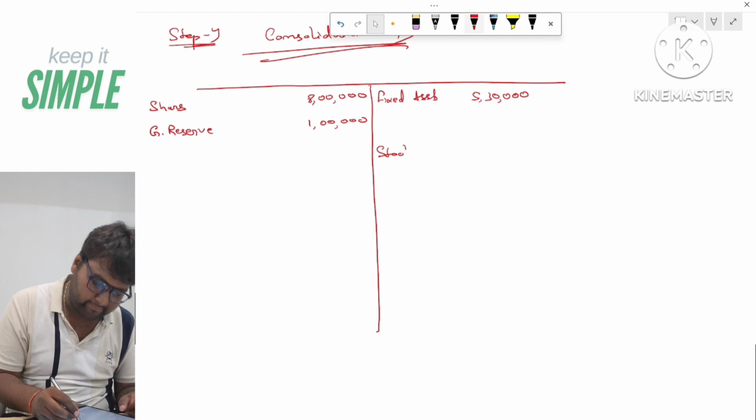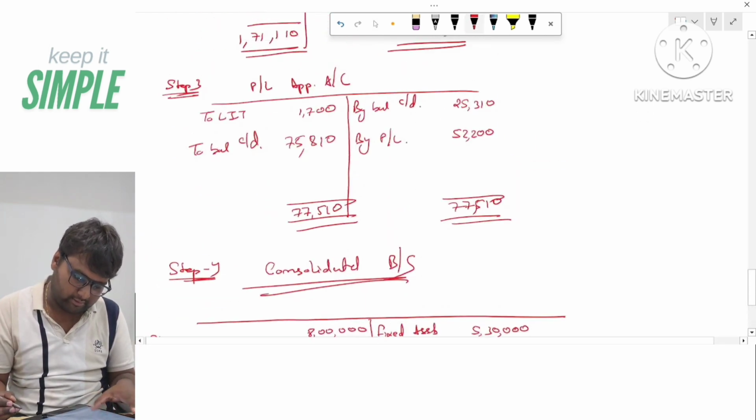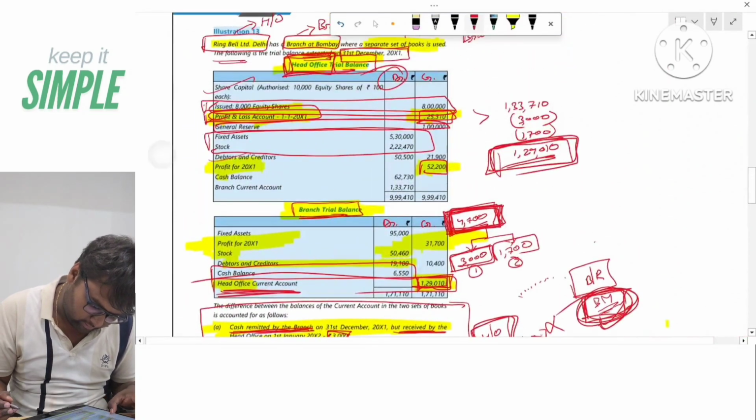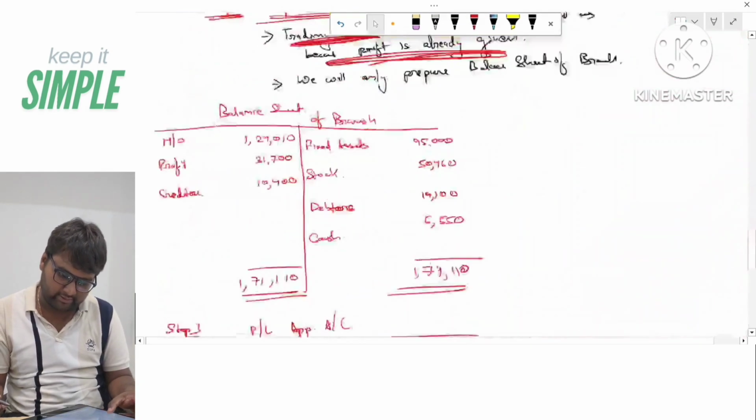And stock 2 lakh 22,470. Then debtors and creditors 5,500 and 21,900.